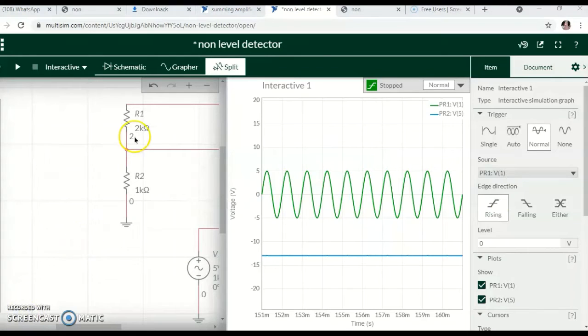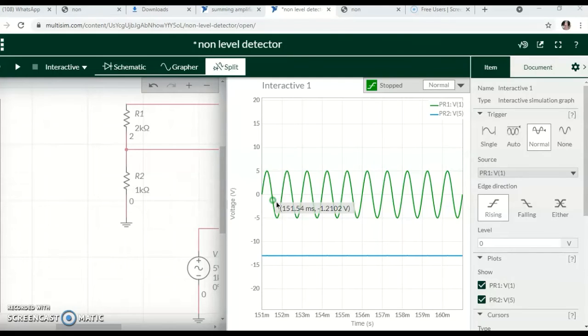After that, I change R1 into 2 kilo ohm, and R2 remains as 1 kilo ohm. So the waveform we get, when I calculate the value, Vin is equal to Vref.